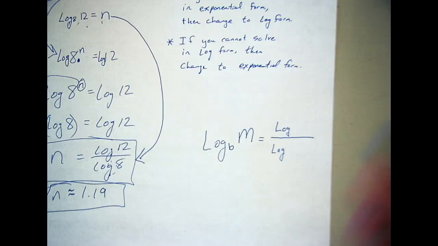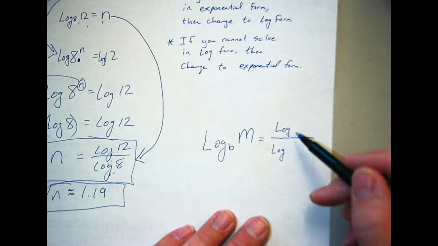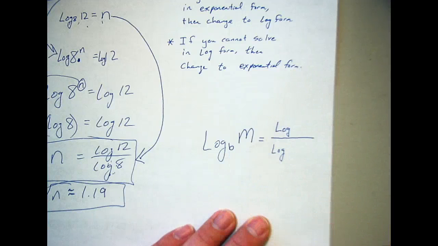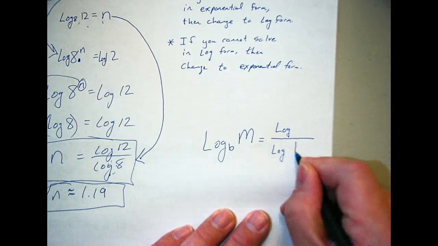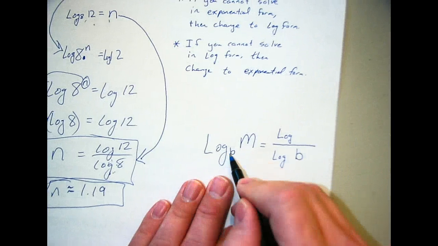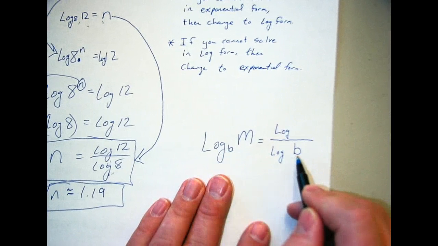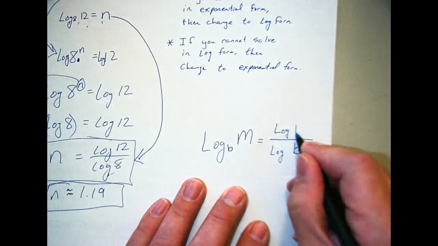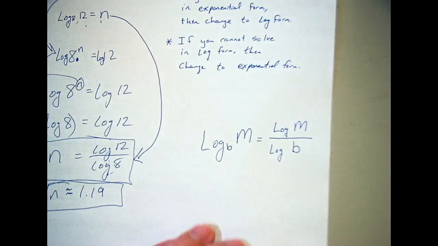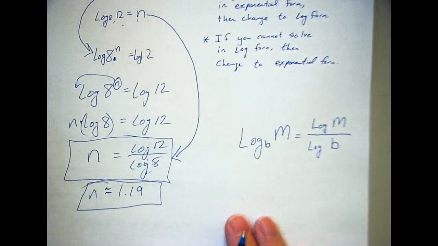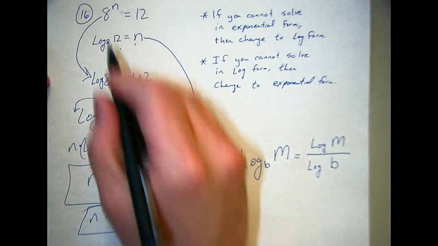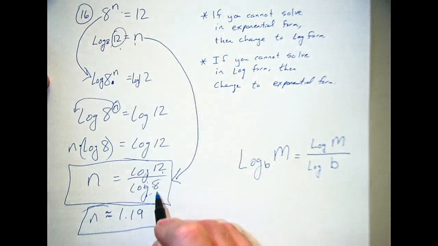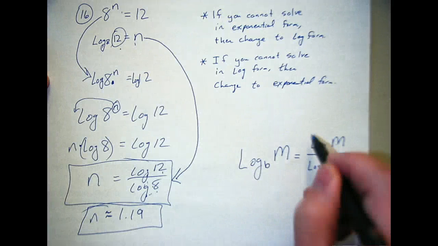It's our common base, what our calculator works in. I could call it 7 and 7. That doesn't matter. Where does the b go? The bottom. Now, it's not always going to be bottom, but the base always goes to the basement. Base goes to the basement. M goes up there. Master suite, yes. There you go. So the big number goes on top, little number goes to the bottom. That is the change of base formula right there.